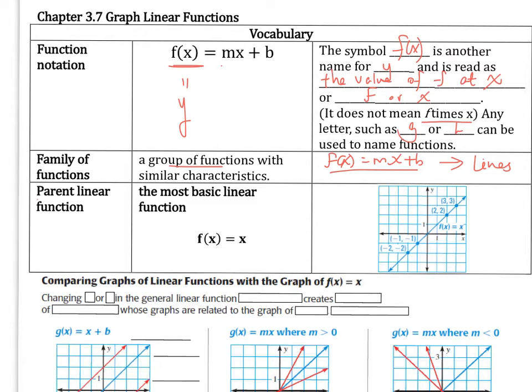The parent linear function is the most basic linear function, f of x equals x, which goes through the origin (0, 0). And for every x, it will equal y.